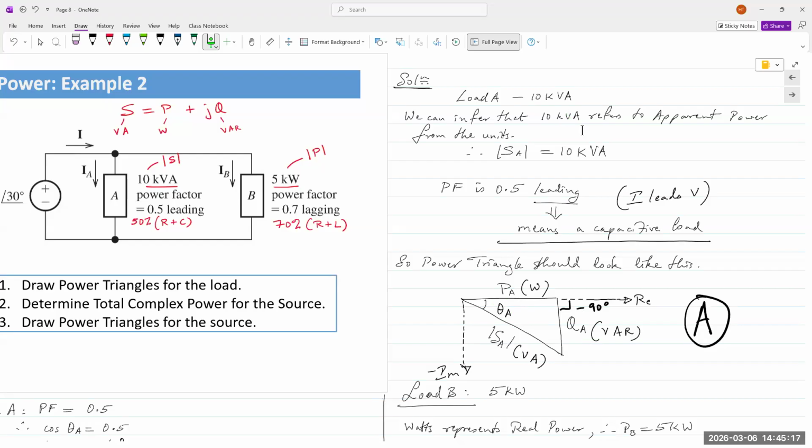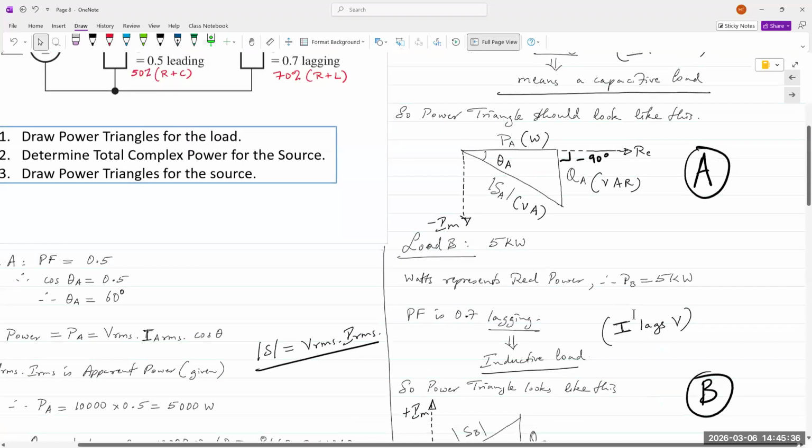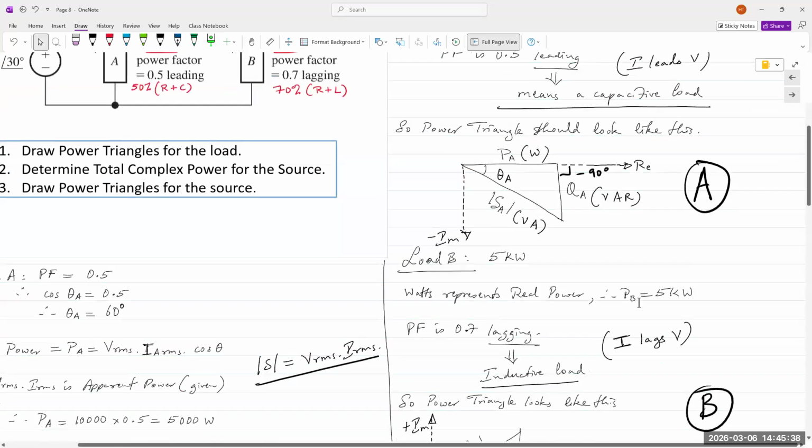If you have a bunch of equations, every equation typically has 3 quantities. So if you have 2 quantities out of 4 in the power triangle, you can calculate the other 2. And because power factor is provided, we can calculate the angle, and we know one of the sides of the triangle.